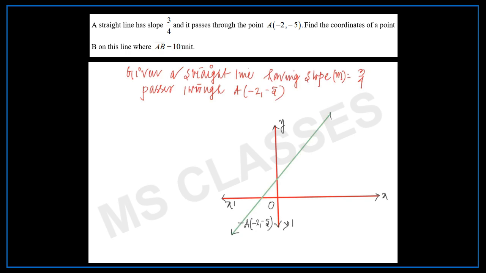Okay. Now here theta is the angle which the line makes with the positive direction of x-axis. That is, let theta be the angle which the line makes with the positive direction of x-axis.